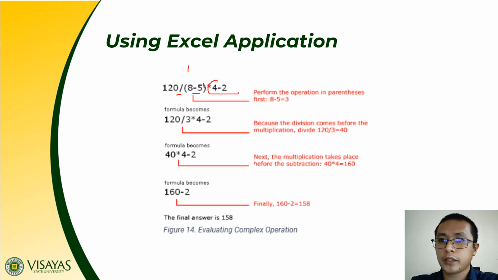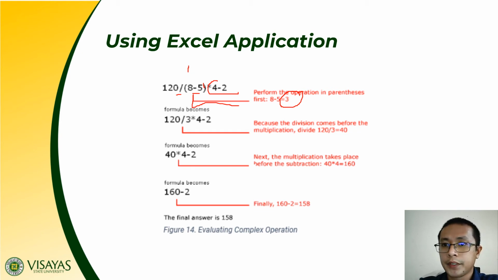So what is evaluated first is your data or expression from your parentheses. That is 8 minus 5, that is equal to 3. So 3 is our answer here after evaluating the expression found in our parentheses.